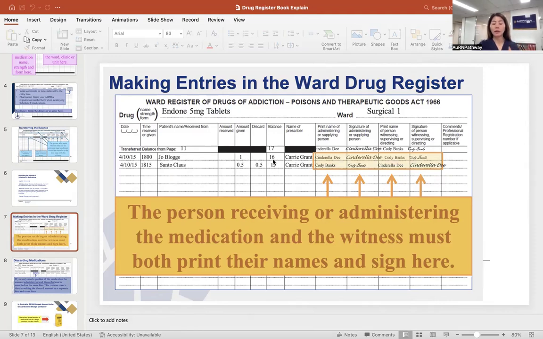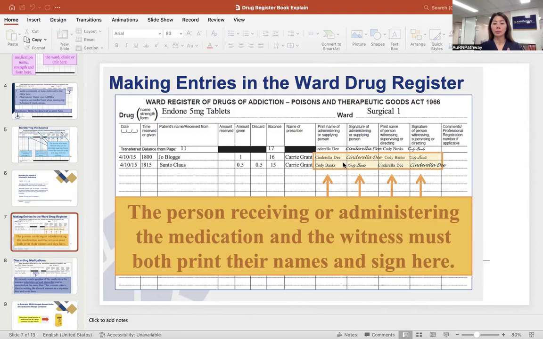Because we've given one tablet and discarded half, there will then be 15 tablets. So in Australia, we don't keep the half for later, just so everyone knows. We have to discard it. Now, again, just to highlight, the prescriber is seen in the medication chart, wherever the doctor prescribed the medication.